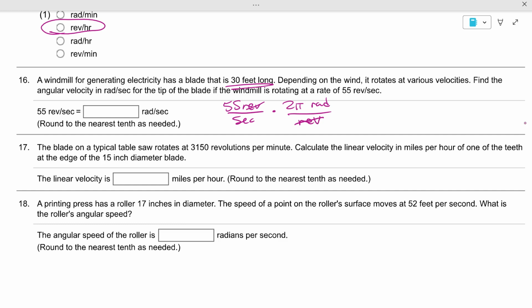The revolutions cancel, so 55 times 2 pi is 110 pi. 110 times pi is 345.6 radians per second.